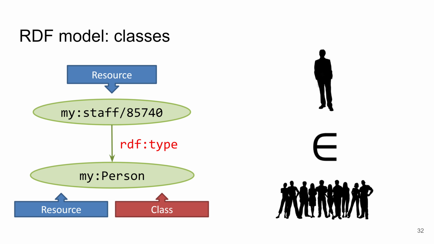And this type person is also a resource because everything in RDF is a resource. But because this one is meant to be used with the RDF type predicate, we also call it a class. So in RDF, a class represents a set of all instances of a given type, and it is used to indicate a type of a thing.